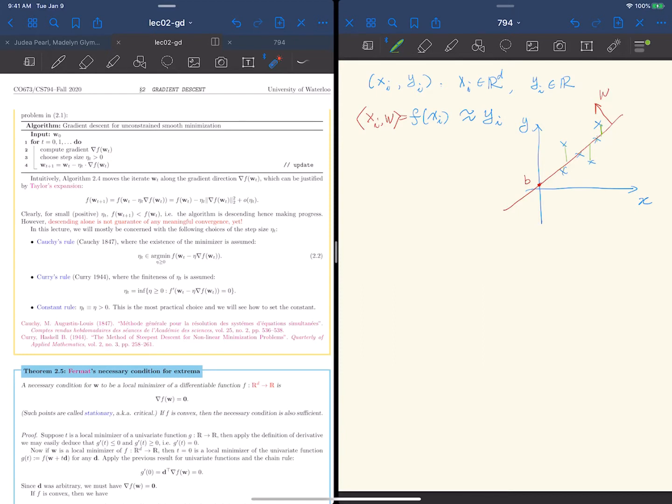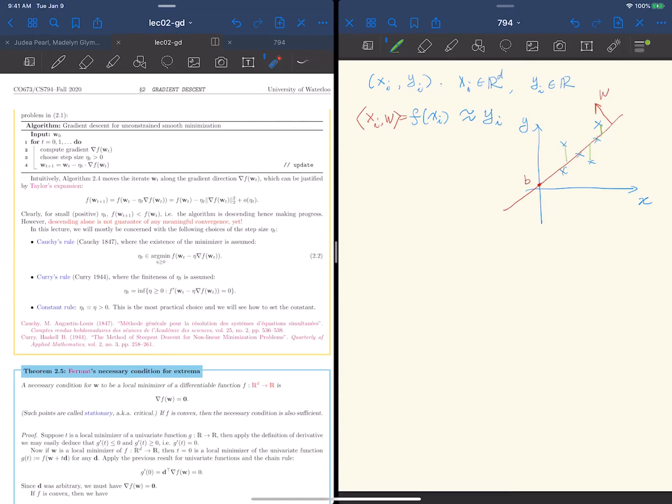Then you're going to compute the next iterate, Wt plus 1, by subtracting the scaled gradient from your current iterate Wt. It's an extremely simple algorithm. If you want to implement this, it takes you 4 or 5 lines. And why does this make sense?